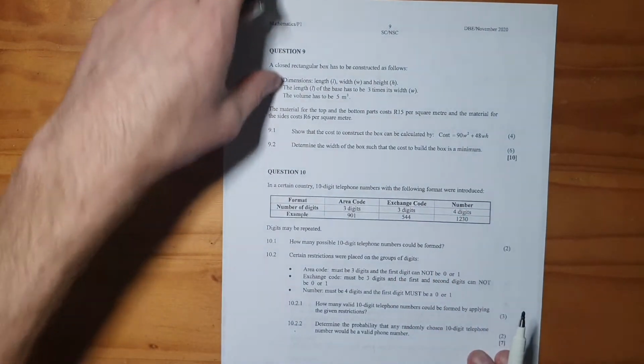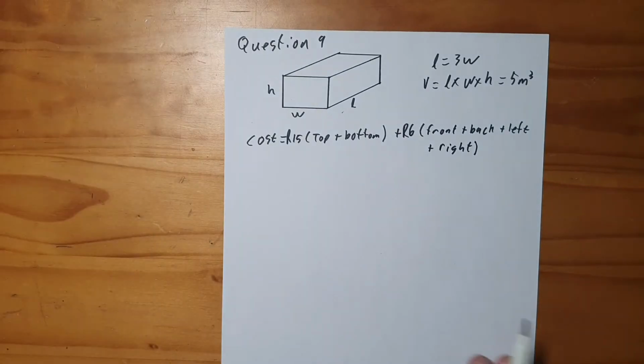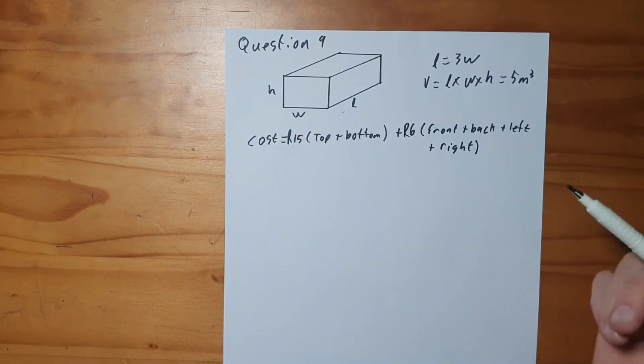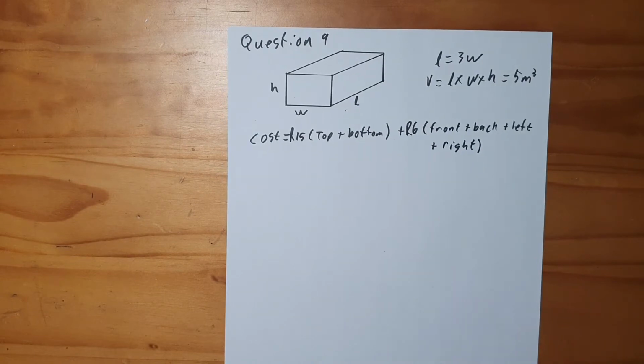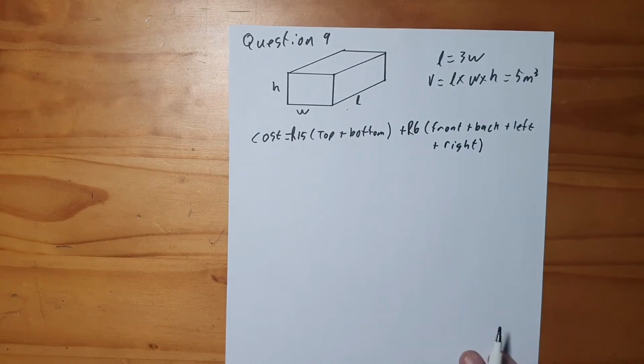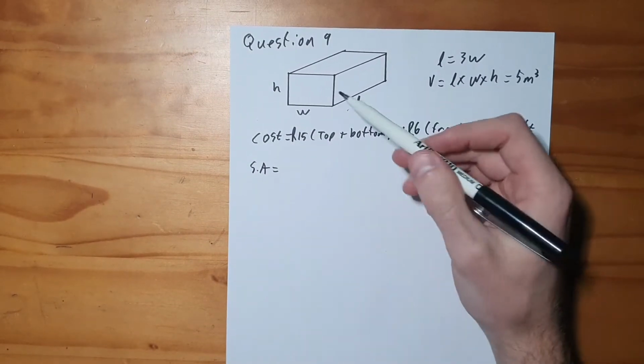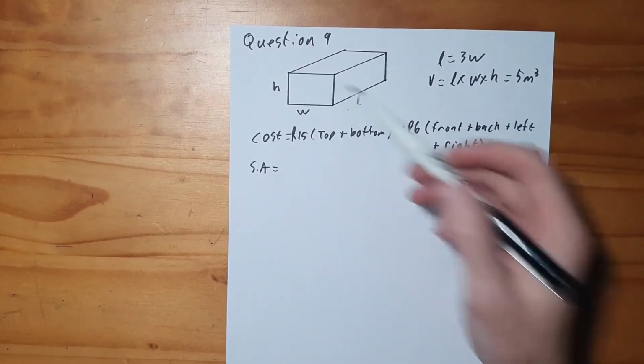Okay, so first of all, we're dealing with a 3D object, and we need to calculate the cost of the material, so we need to take into account the surface area of the box. Now remember, surface area is equal to all the shapes you can see that make up the box.